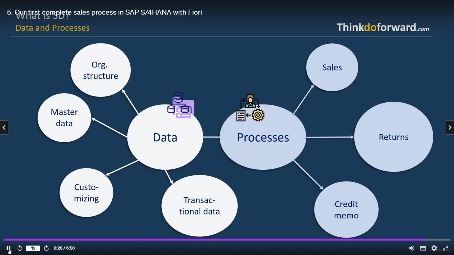And there could be a credit memo process as well. Within SAP SD, there are several processes. I've just mentioned 3 of them here, but I would say there are about 20 or 25 different processes like debit memo, third-party processing, and so on.